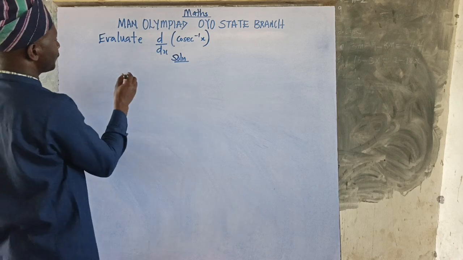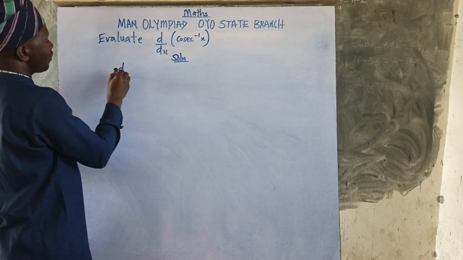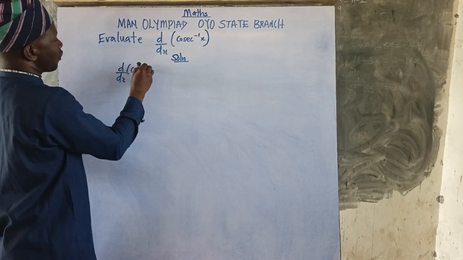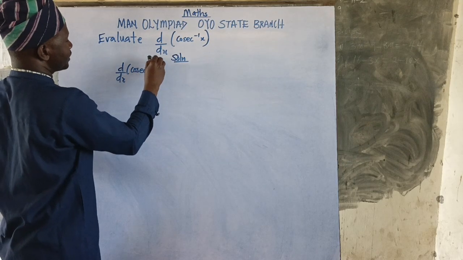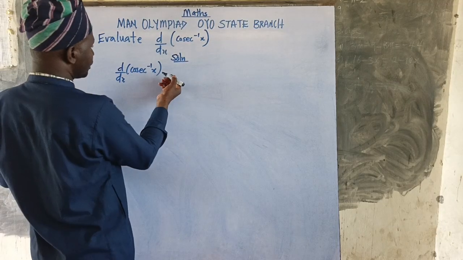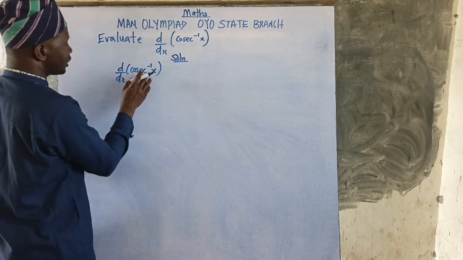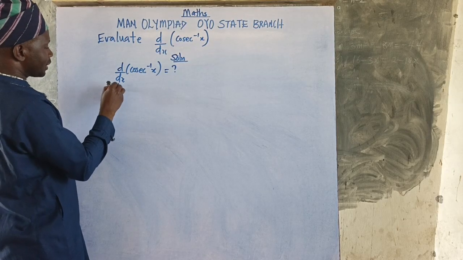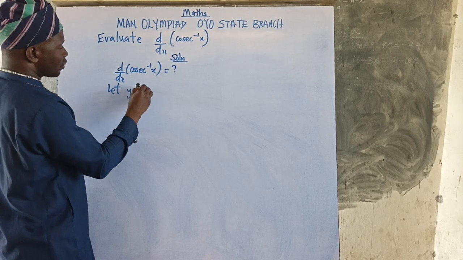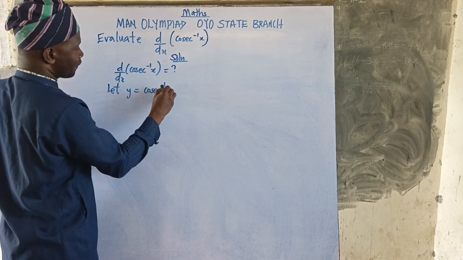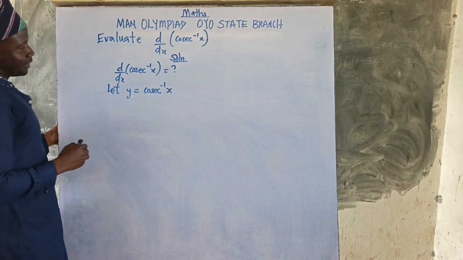Now we have the arc cosec of x. That means we have to differentiate this. It implies that we can use the method we are used to. So we can say let y equals arc cosec of x.